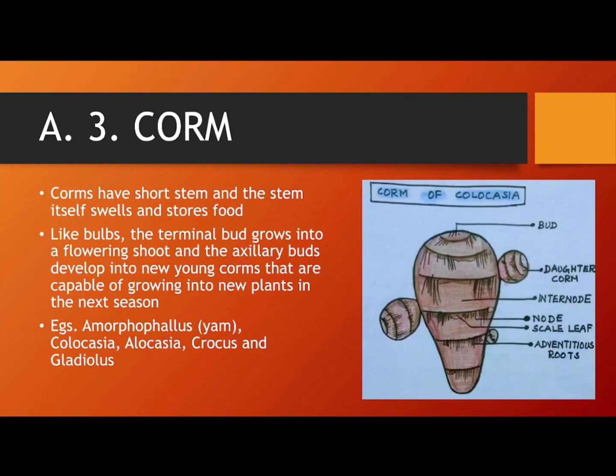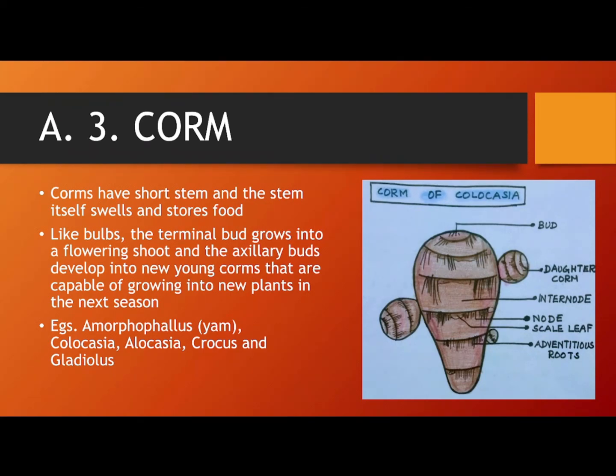Corm. Corms have a short stem and the stem is swollen due to food storage. Like bulb, corms also develop terminal as well as axillary buds.